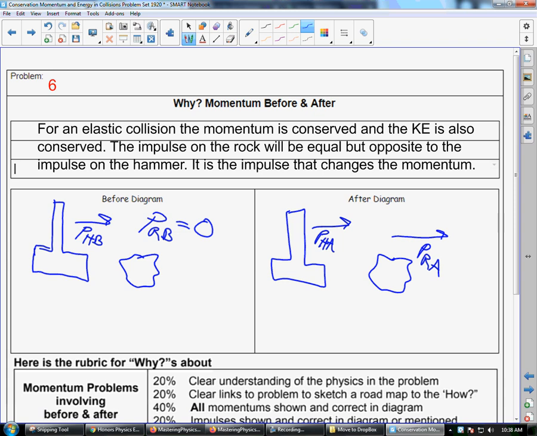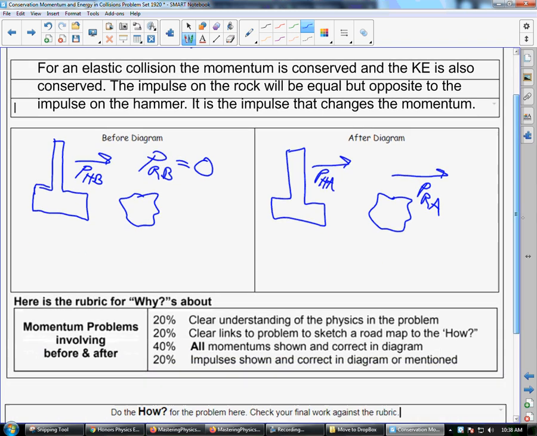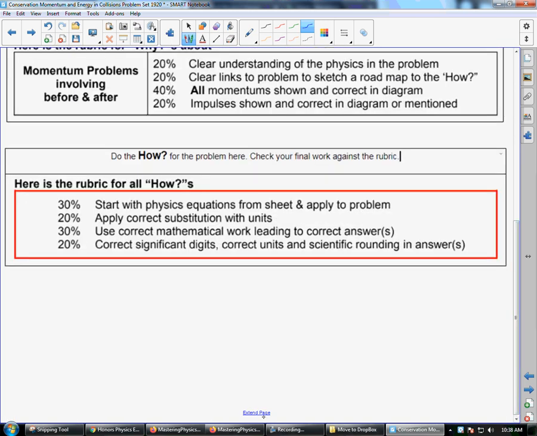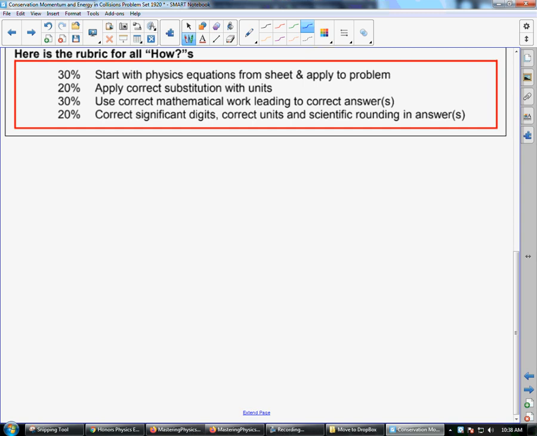Key to doing this problem is realizing that it was elastic and that your momentum and your kinetic energy are both going to be conserved for the problem. So if we're dealing with momentum and kinetic energy, we need both root equations. Here's our momentum one.